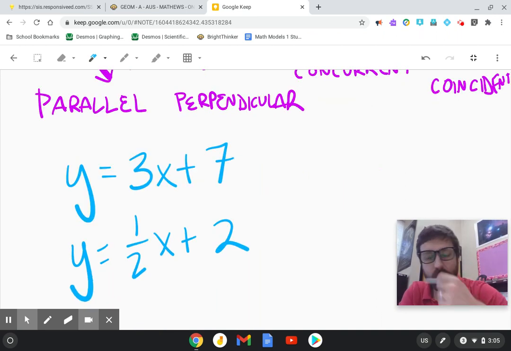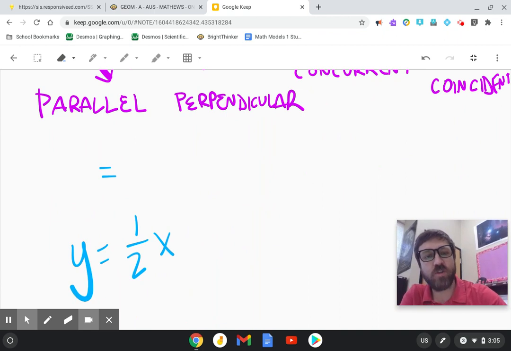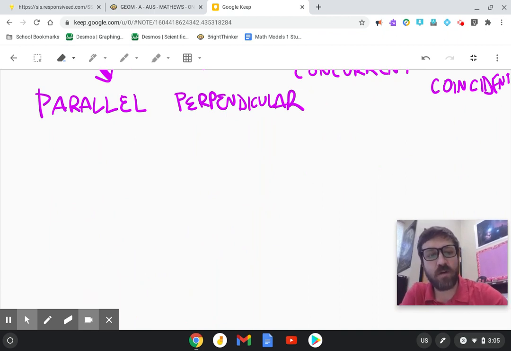And so I'm going to walk through examples of each one of these possibilities and talk about how we know which category a pair of lines is going to fall under.